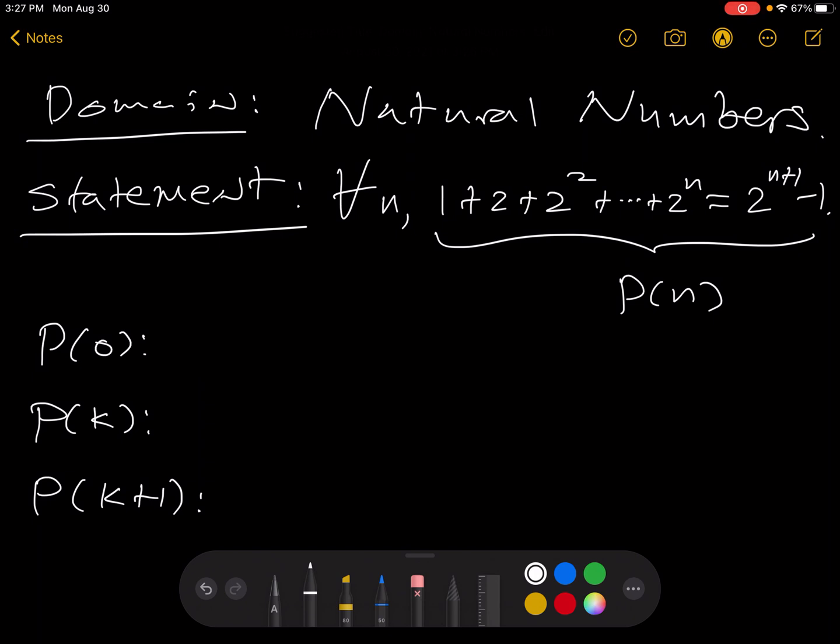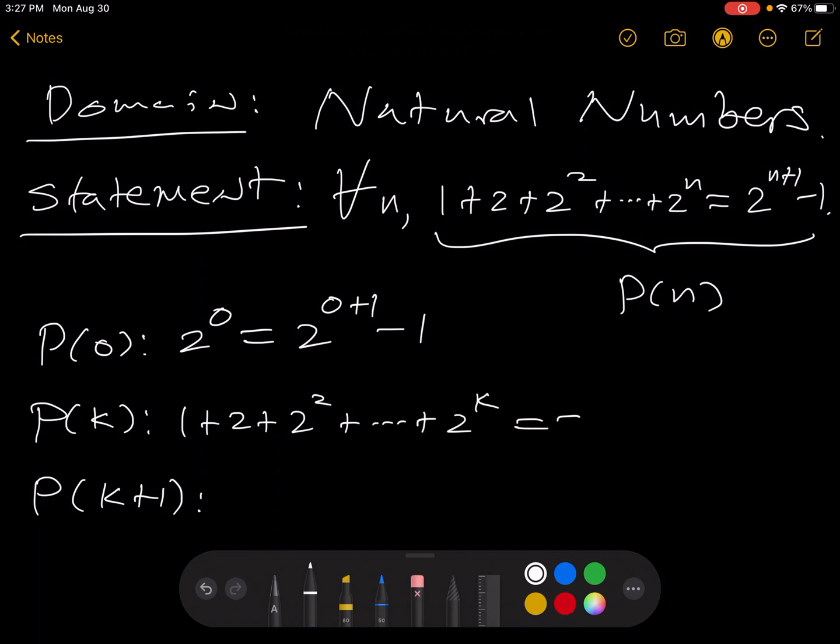Okay, P of 0, this is 2 to the 0 is equal to 2 to the 0 plus 1 minus 1. That's P of 0. P of k is plugging in a k for n. That's 1 plus 2 plus 2 squared plus up to 2 to the k is equal to 2 to the k plus 1 minus 1.